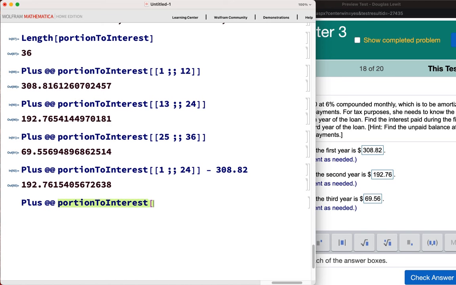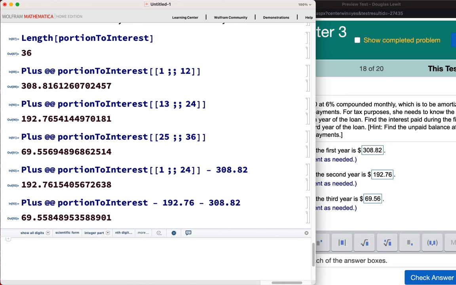I could just do, okay, so minus $192.76 minus $308.82. That would be $69.56. It still seems very plausible to me.